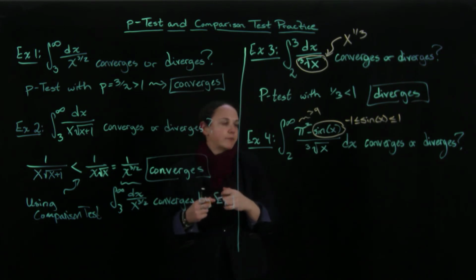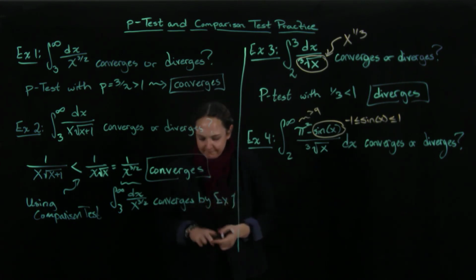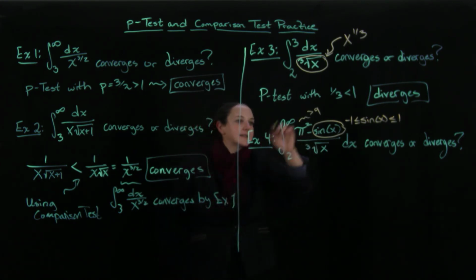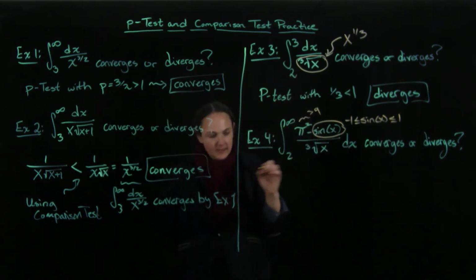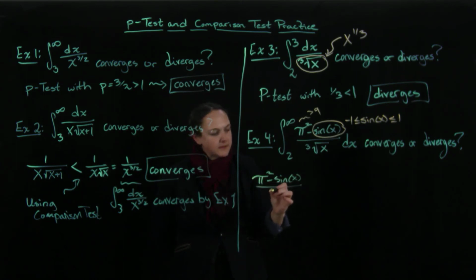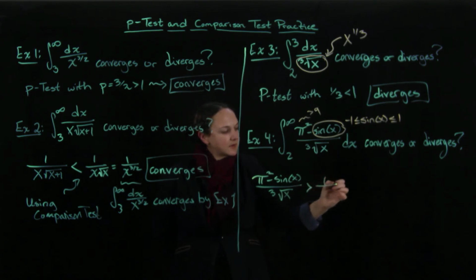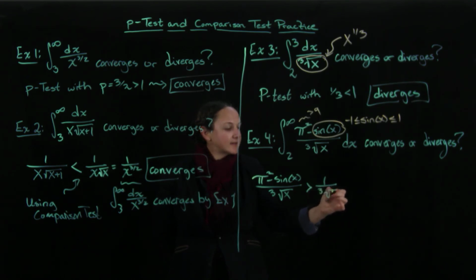So the top is bigger than 1, which tells me that pi squared minus sine of x over the cube root of x is going to be greater than 1 over the cube root of x, which we've already dealt with.